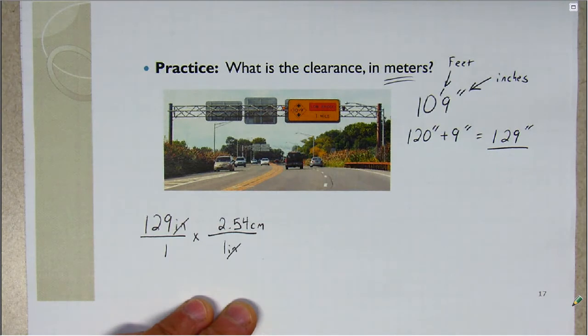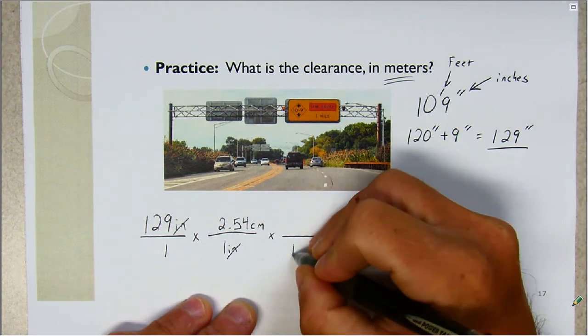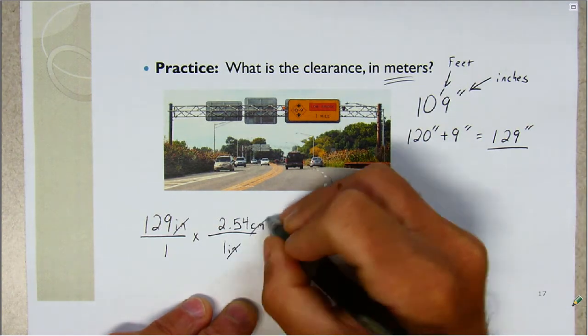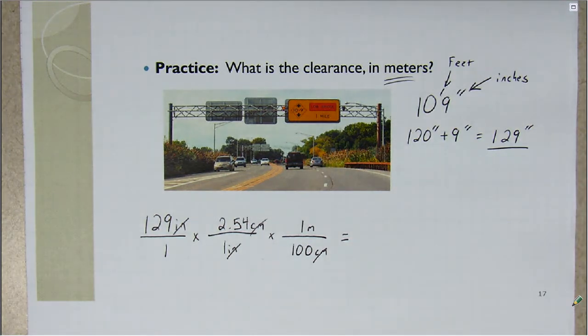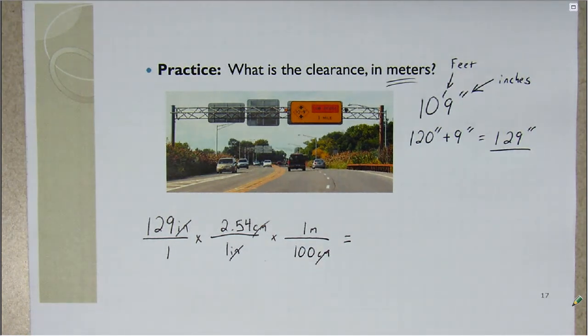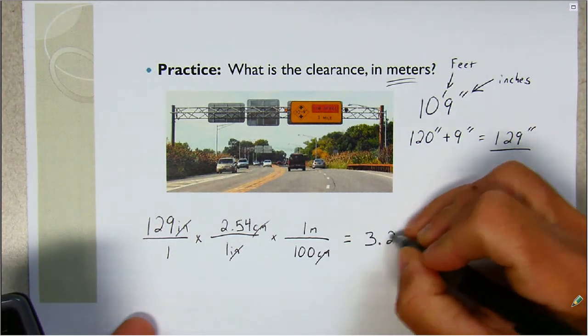And then it's one of the common facts that you should know that 100 centimeters is equal to 1 meter. That trades in centimeters. And then we're ready to calculate that. So you can take your calculator, 129 times 2.54, divide by 100, and you get 3.28 meters.